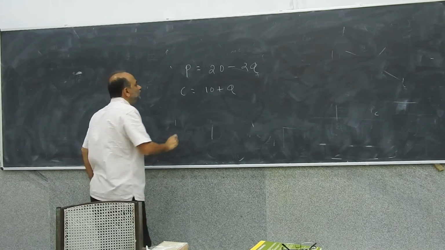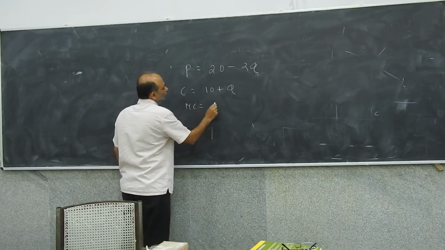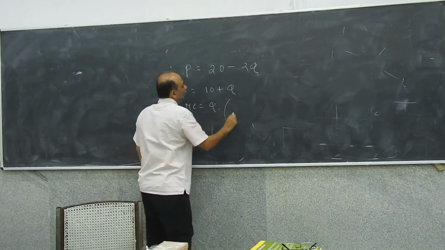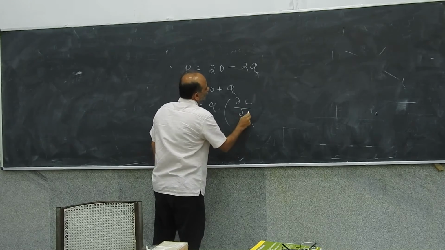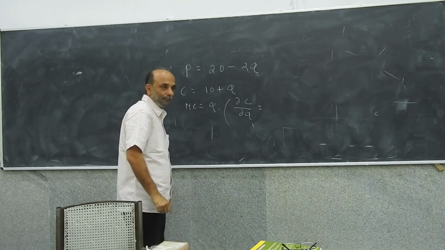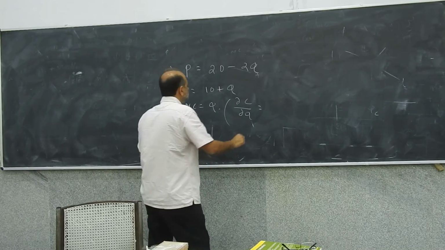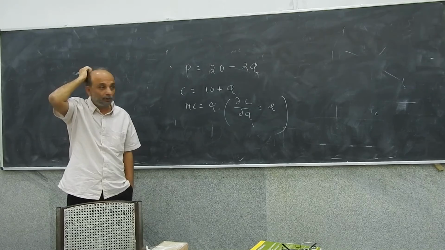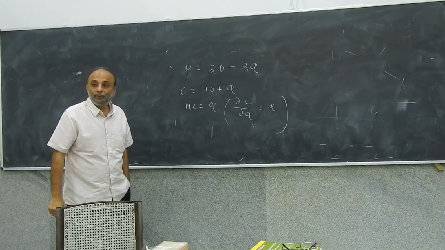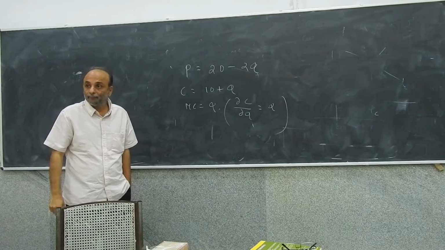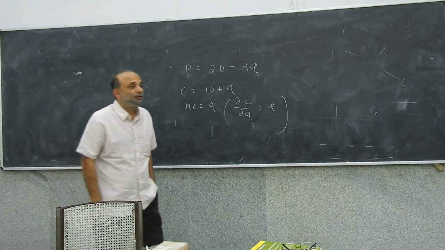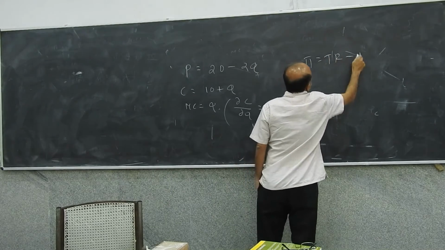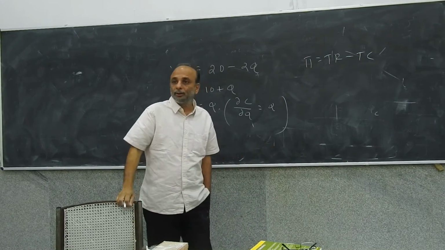So what is marginal cost? It is the derivative of C with respect to Q. Now, what is profit for the monopolist? Profit equals total revenue minus total cost.